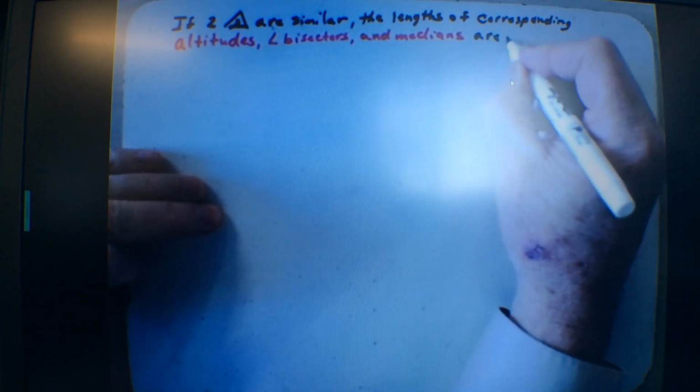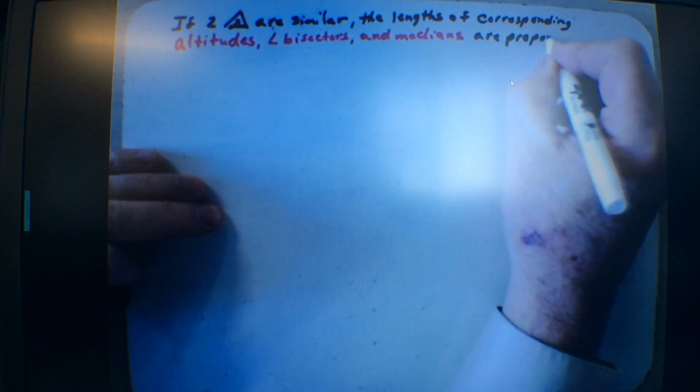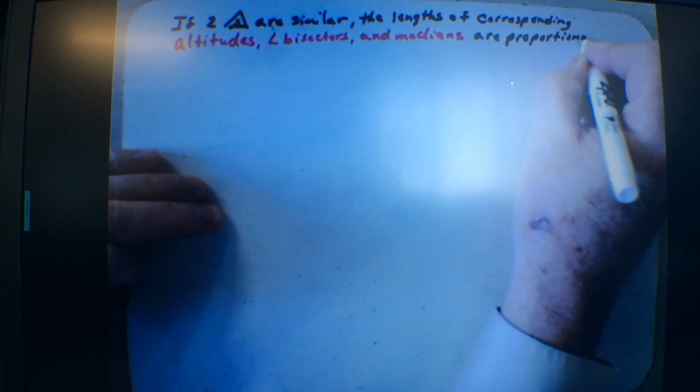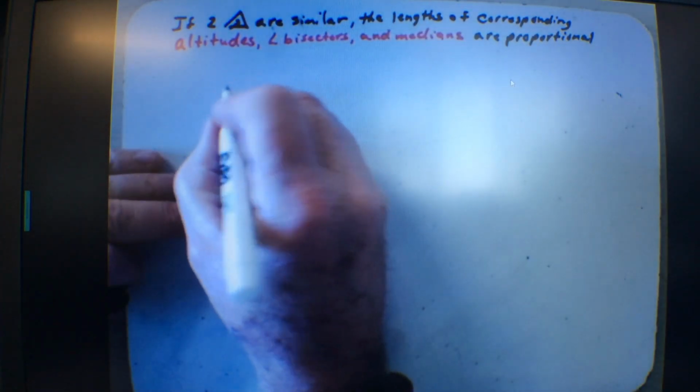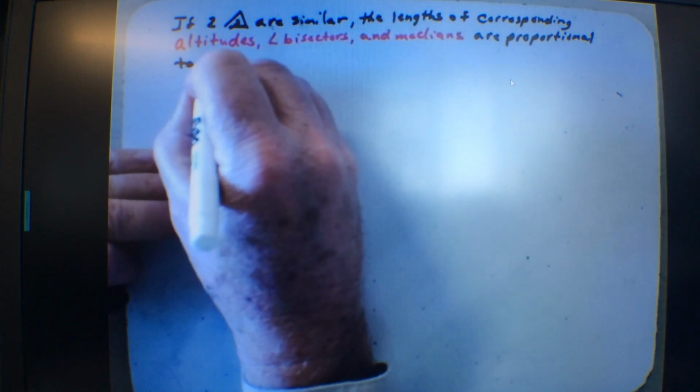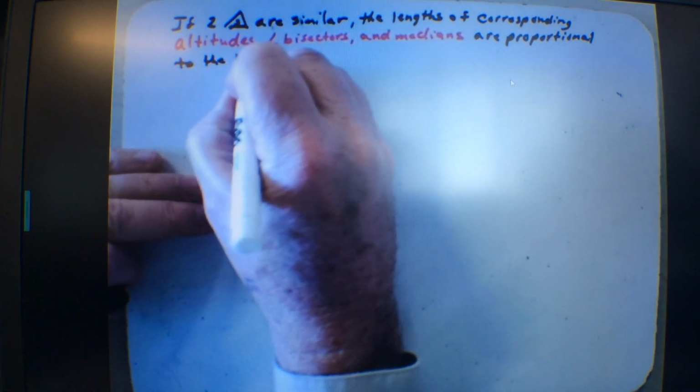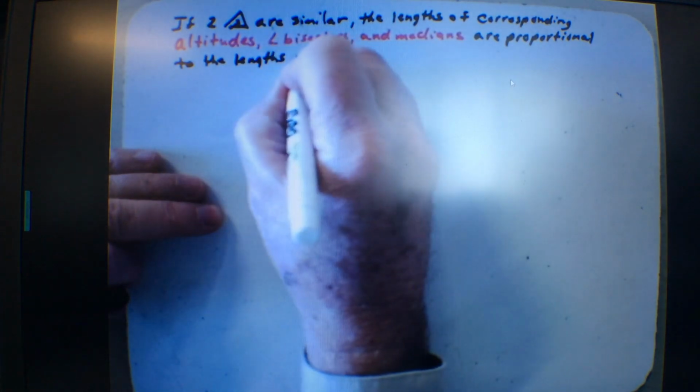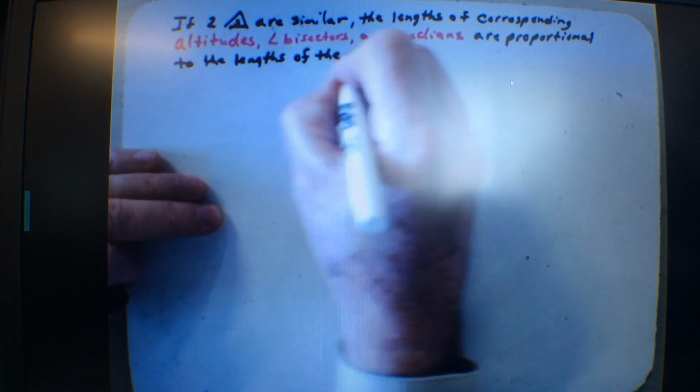So these three are proportional to the lengths of the corresponding sides.